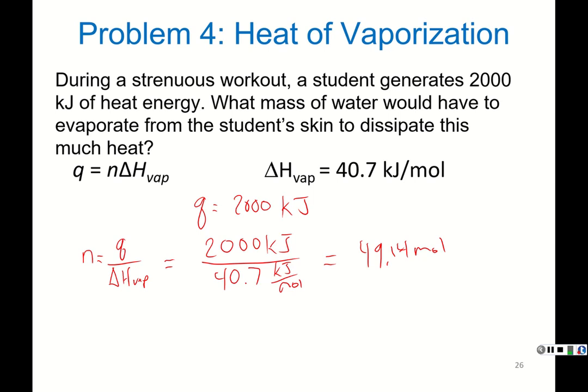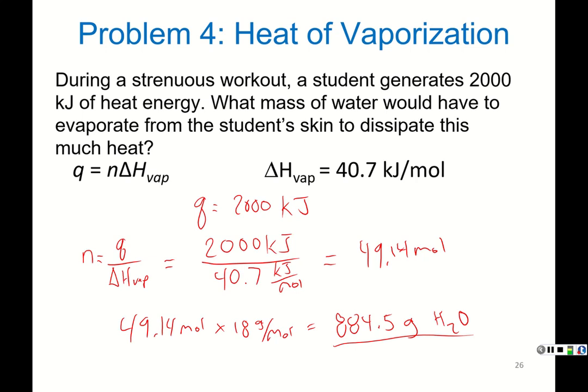The question is actually asking for the mass, so now we have to use the molecular weight of water, which is 18 grams per mole. We multiply that by our number of moles that we calculated, and we get something like 884.5 grams of water. So that's almost a liter of water that would need to be evaporated.